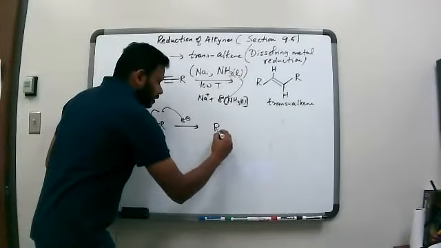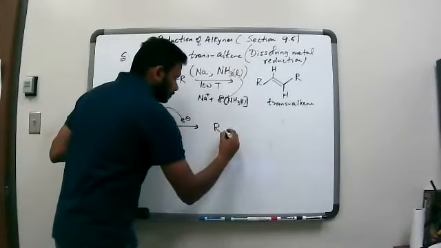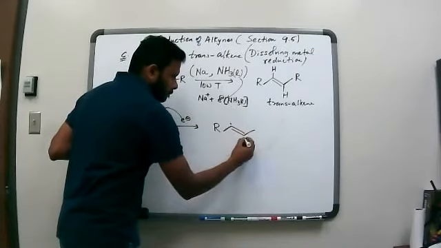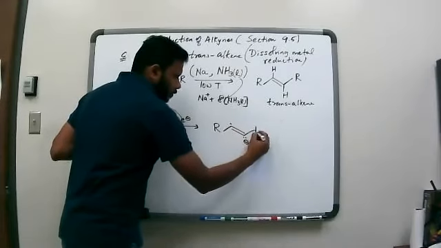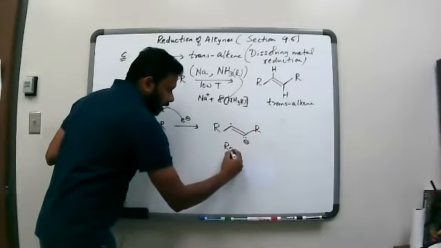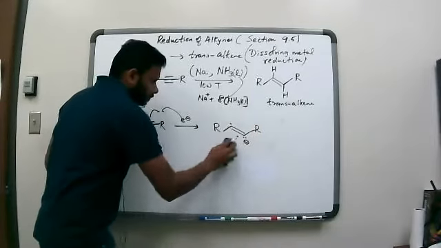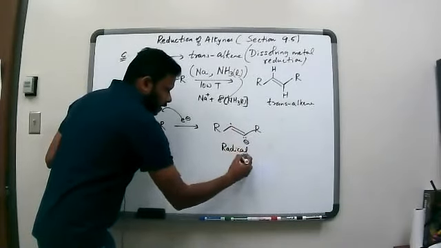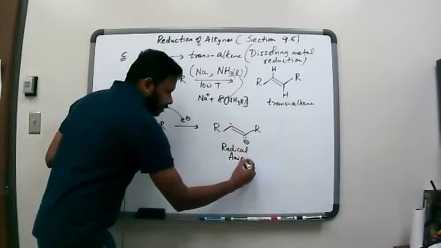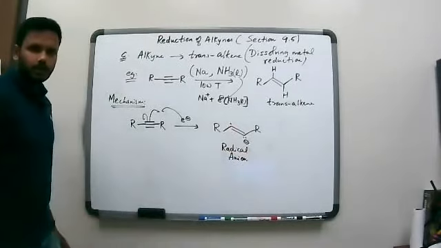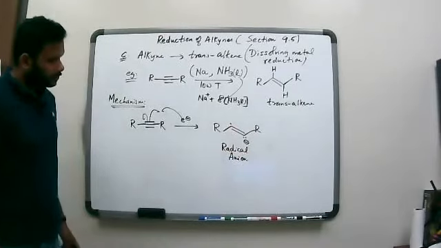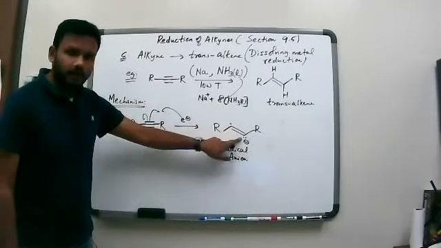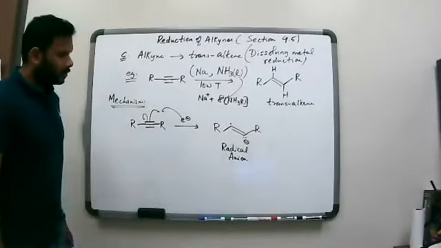And so what this gives us is what we call a radical anion. Okay, so it's a radical anion. So we get a radical anion because we have a radical and then we have an anion. So we have a negative charge over there.